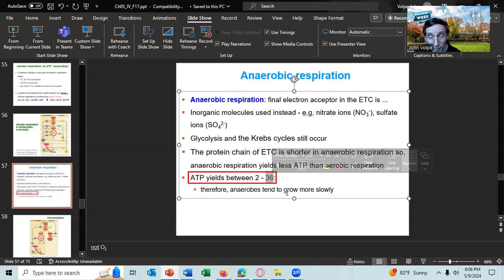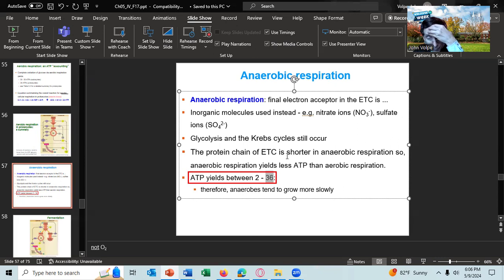production in anaerobic respiration. I think the poorest is actually 4, not counting fermentation, which some people do call anaerobic respiration. I'm not, because fermentation doesn't have the glycolysis, the Krebs cycle, or the electron transport chain. So I'm just going to call anaerobic respiration the forms of respiration that do have glycolysis, the Krebs cycle, and the electron transport chain. And I think the poorest is generating 4 ATP.